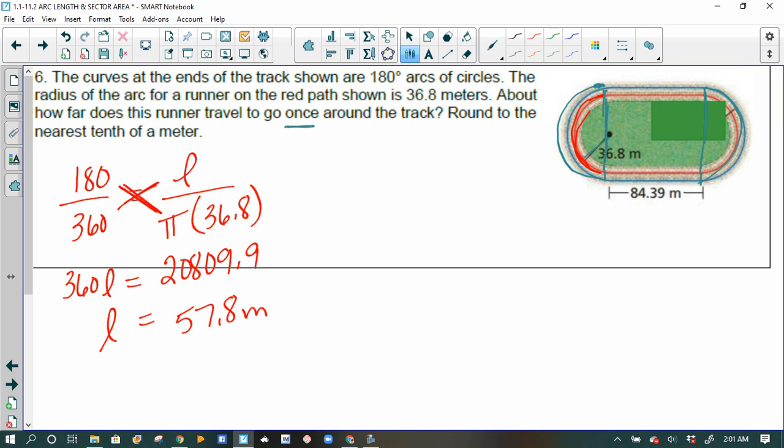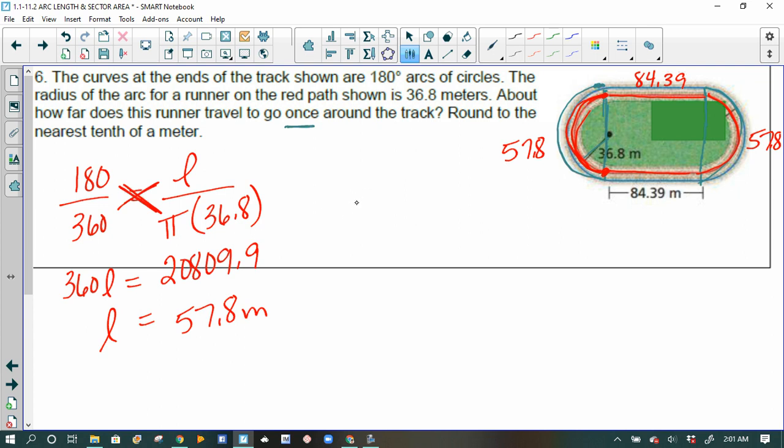So the length of the curve, if you're starting here, by the time you run to the corresponding opposite side, you went 57.8. But that means it's the same on this side. So this is 57.8 also. And then the straights are 84.39. The straight is 84.39. So now add up all four parts.